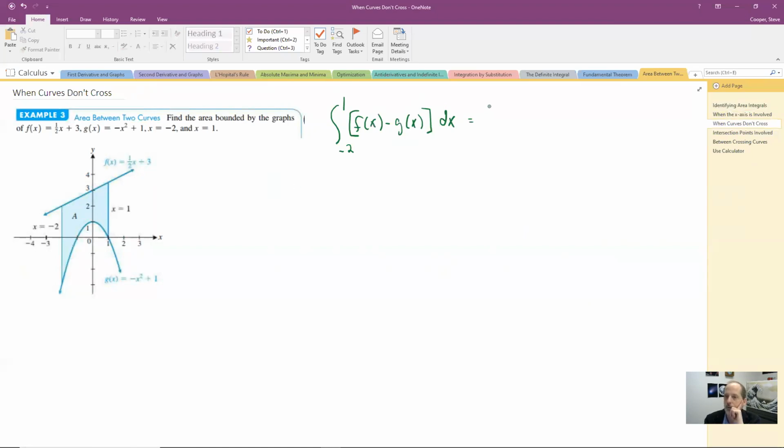So we go from -2 to 1, and that's 1/2 x plus 3 minus -x² plus 1 dx.